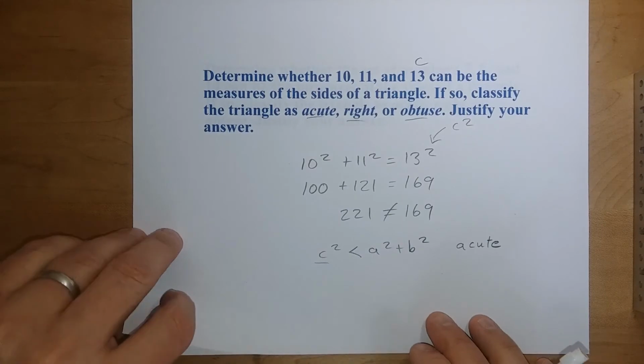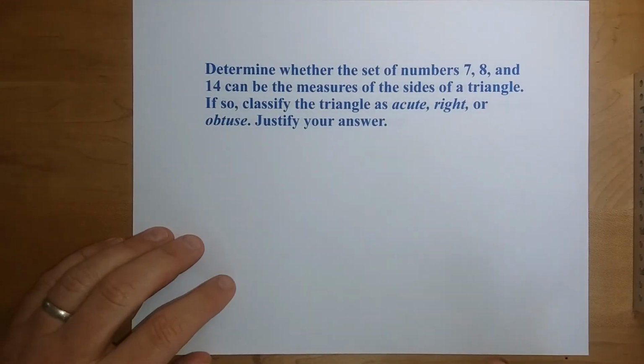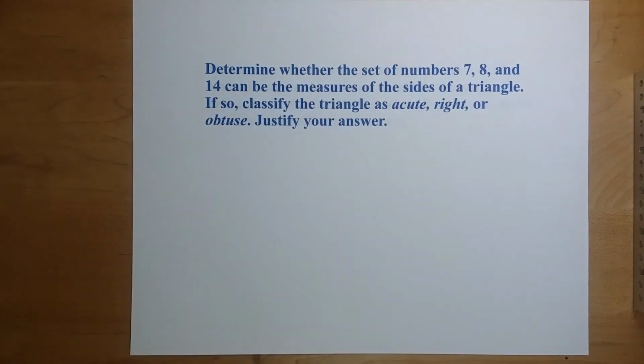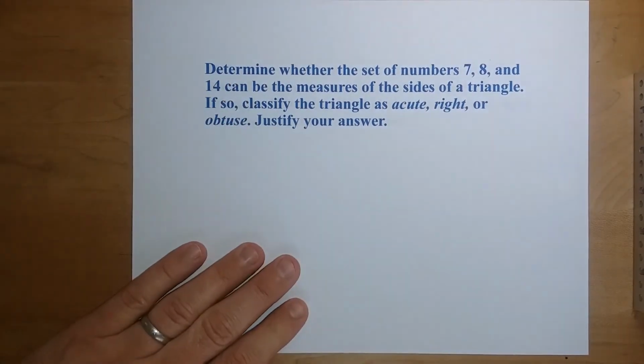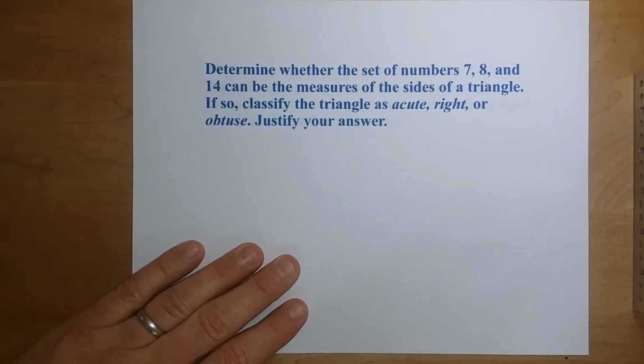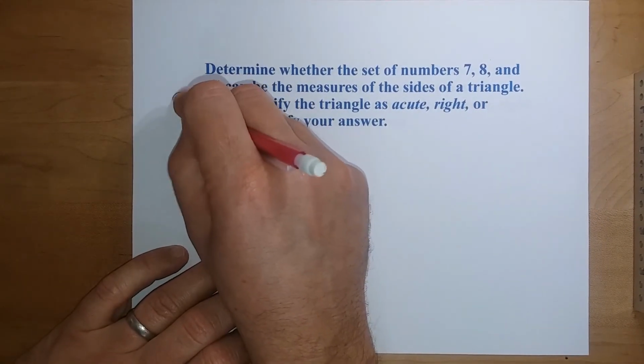Let's try another one. Here, could we determine whether this set of numbers, 7, 8, and 14, can be the measures of the sides of a triangle? 7 plus 8 is 15. So yes, we can make a triangle. It's greater than 14. And if this is going to be a right triangle, this would have to be c.